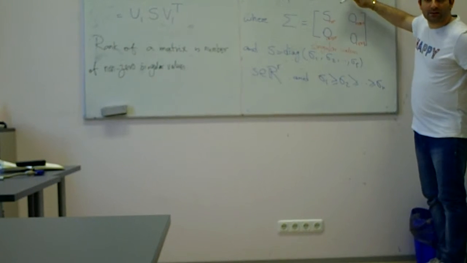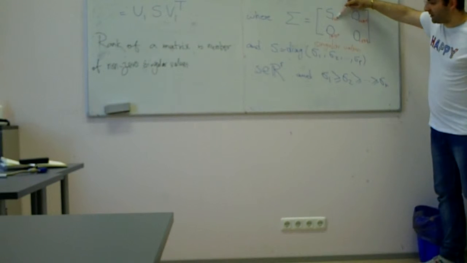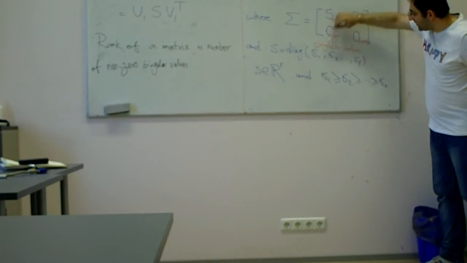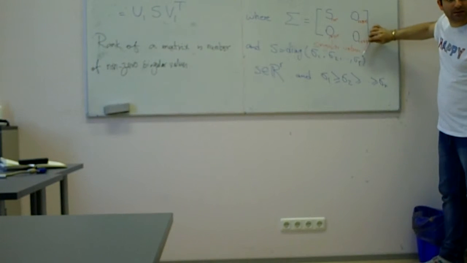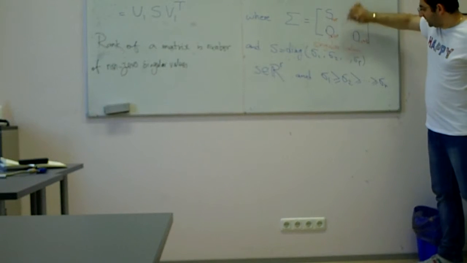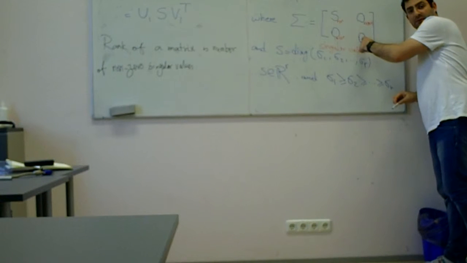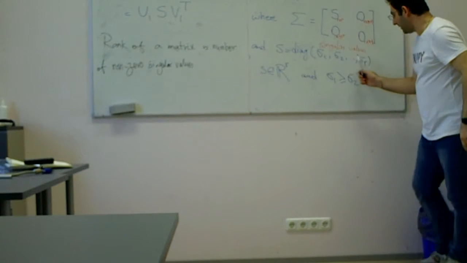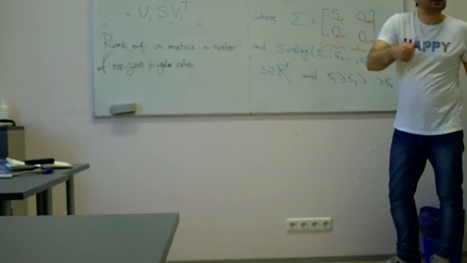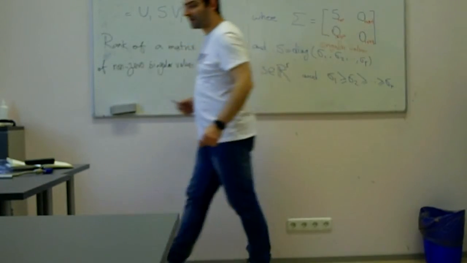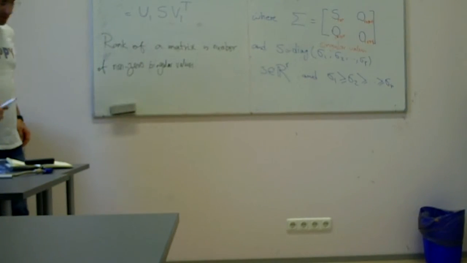Rank r is the number of elements that I have in the S. Why? Can any of these be 0? No, because if it is 0, I will put it here. So how many non-zero singular values I have tells me what the rank is.